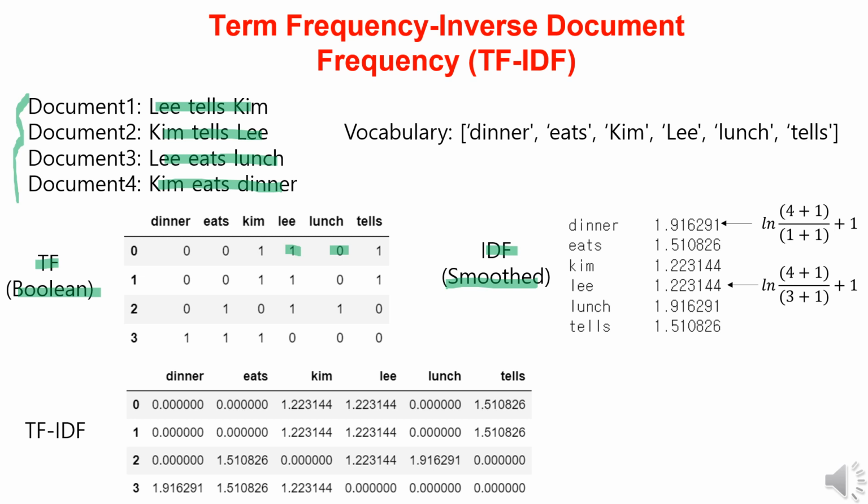For the word dinner, it appears once in the 4 sentences, so with the addition of 1, the IDF value is calculated. For the word Lee, it appears 3 times, so the IDF value is calculated as well. When we multiply the TF and IDF values, we find that in the first and second sentences, the word tells has a high TF-IDF, indicating its importance. In the third and fourth sentences, the words lunch and dinner have a high TF-IDF of 1.91, signifying their importance.